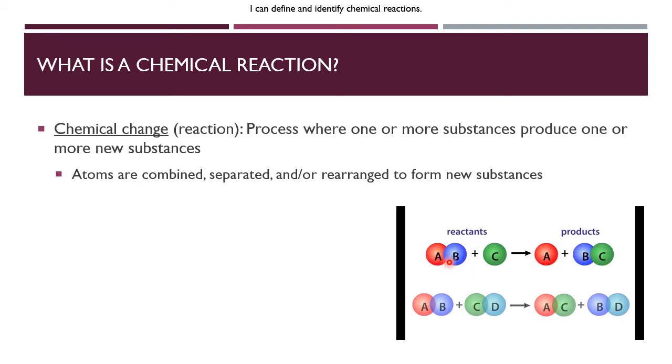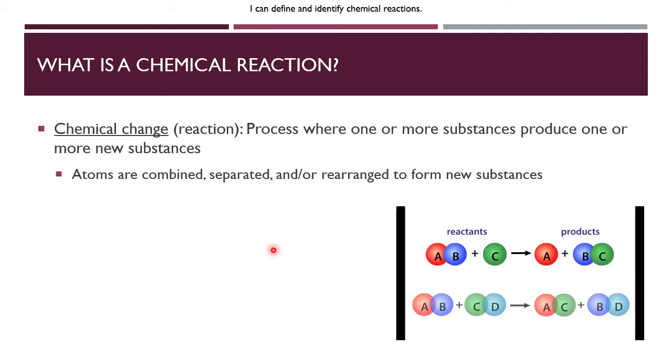So A and B got separated and B and C got combined to give us our new substances. And on this second reaction here, we can see that A and B have been separated, as have C and D, and then A and C are now together and B and D are now together. And so we can see that the atoms are separated, they're combined, they're rearranged to give us these new substances.